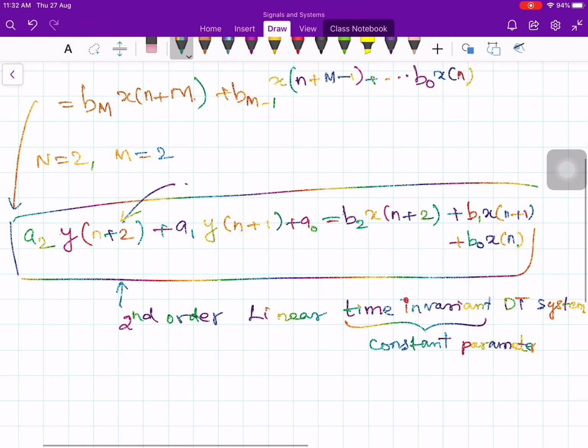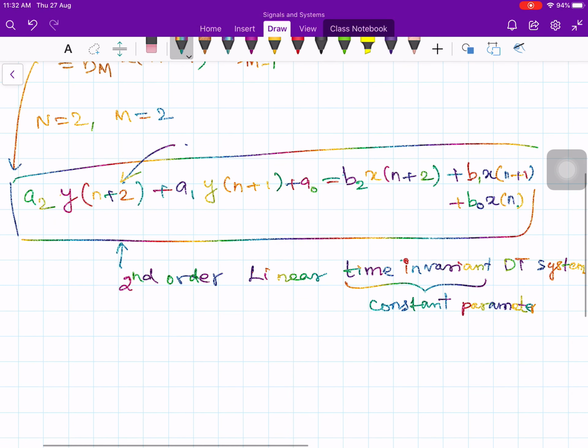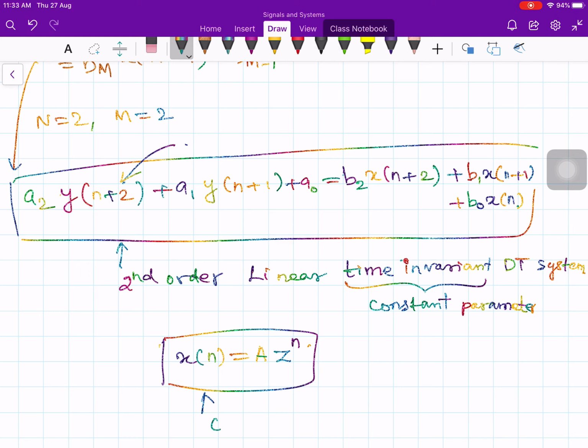Okay. Now, it can be shown, like what we did in the previous lecture, that if x of n equals some constant a times z to the n, this is a characteristic signal of a discrete time system.